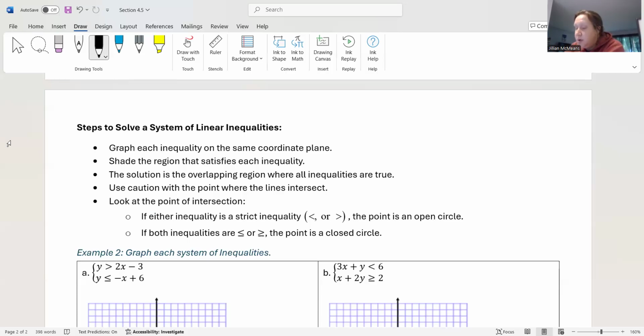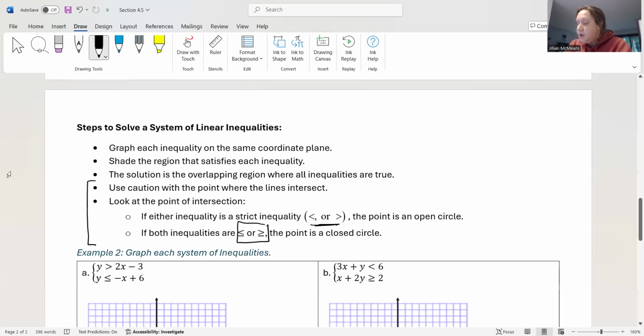So if either inequality is strict, the point of intersection is an open circle. If both inequalities have an or equals to, then you use a closed circle because that point does satisfy both inequalities. So just use a little bit of caution there.